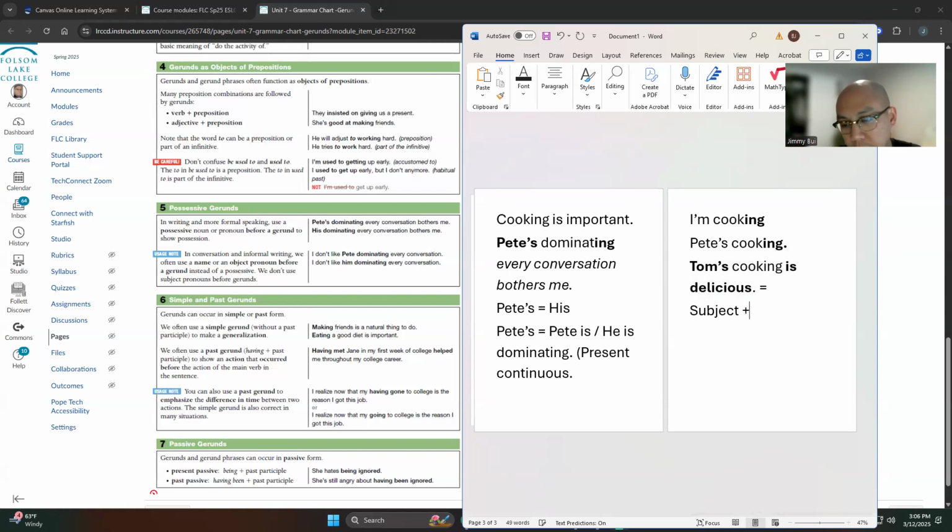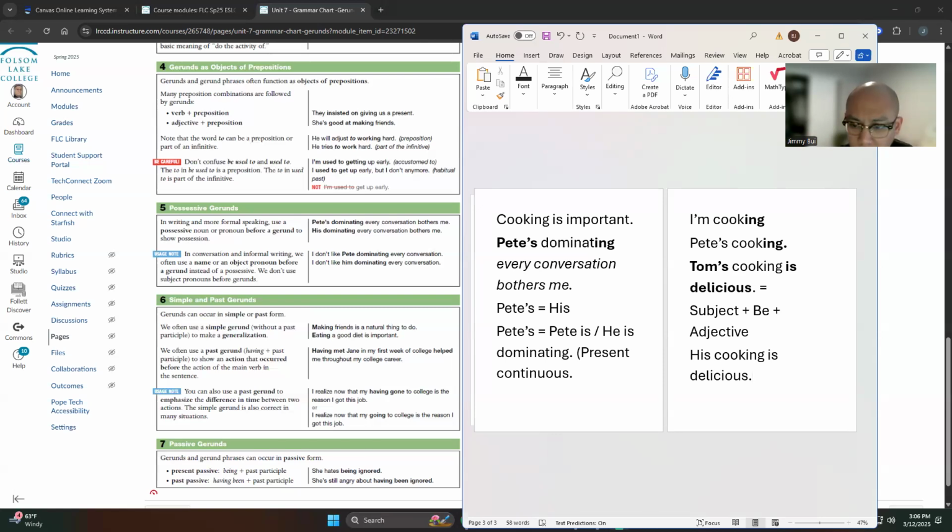Essentially, what we have is subject plus be plus adjective. So his cooking is delicious. Essentially, that is the statement that is being made here. Tom's cooking is delicious. And so that is essentially a possessive gerund.